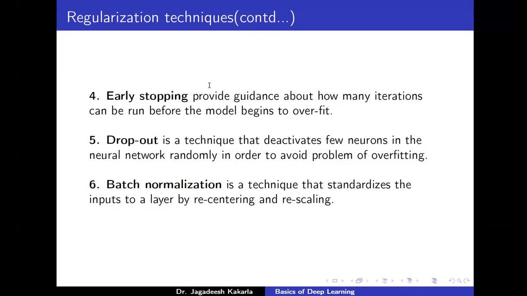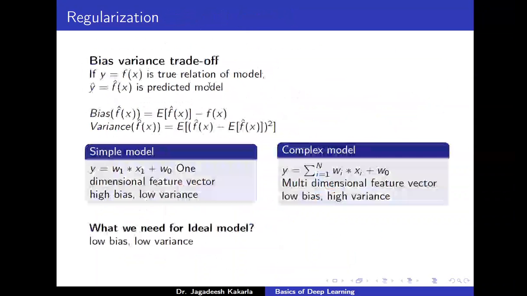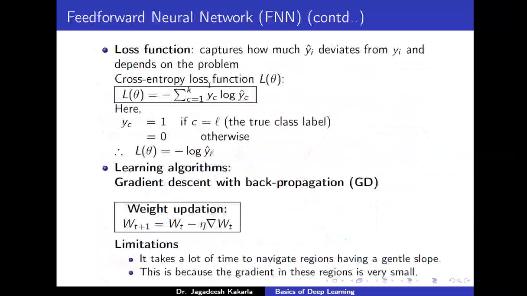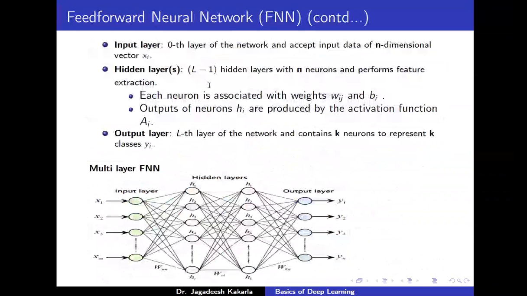Okay. And batch normalization is a technique that standardizes the inputs to the layers by recentering and rescaling. Till now we discussed that only inputs need to be standardized. But in batch normalization, here in this figure, this neuron will get the input from this neuron.